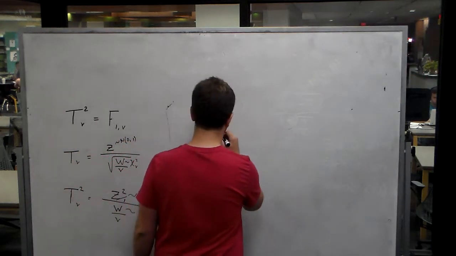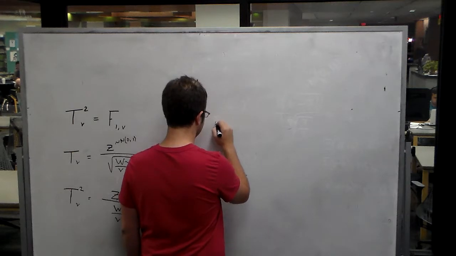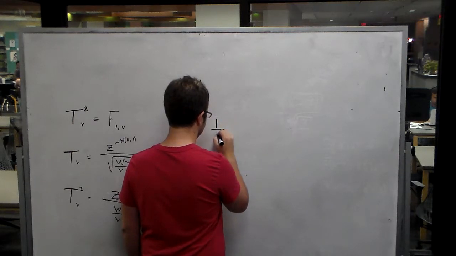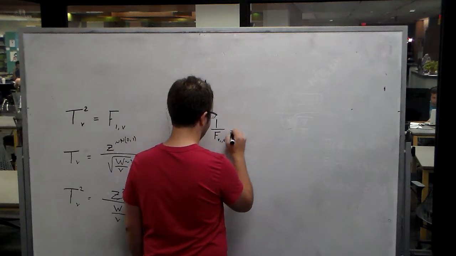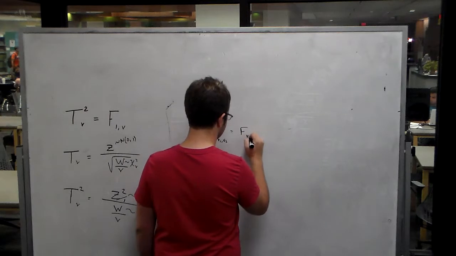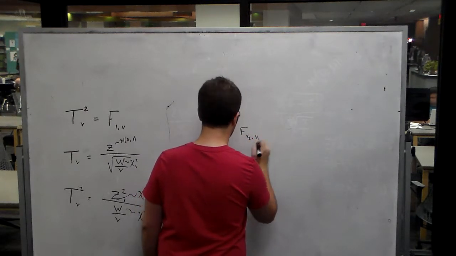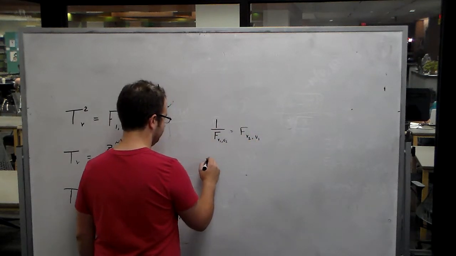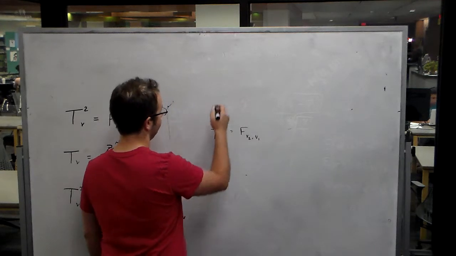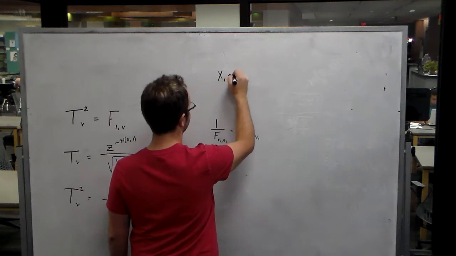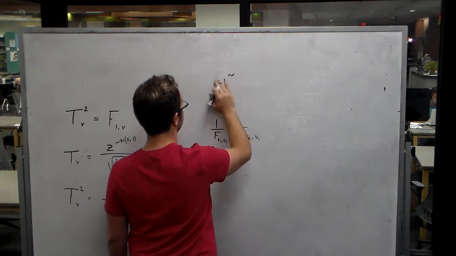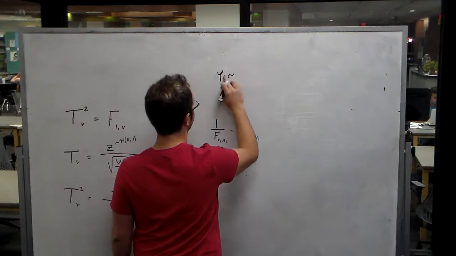The other one was also a pretty easy one. Prove that 1 over an f distribution with v1, v2 equals an f distribution with v2, v1. So for an f distribution, let's not use x, it's kind of confusing, let's use y.